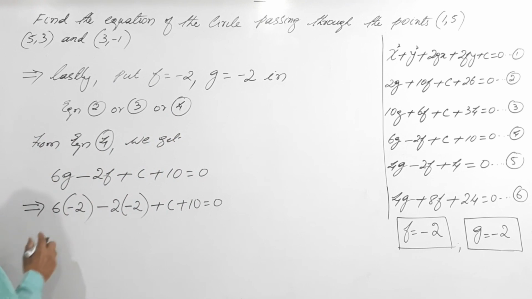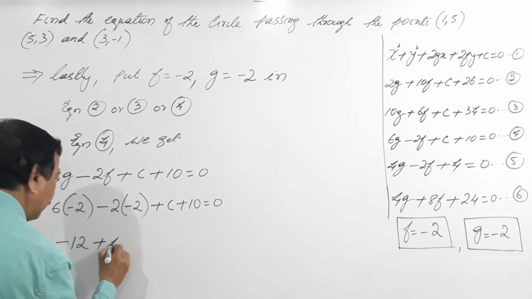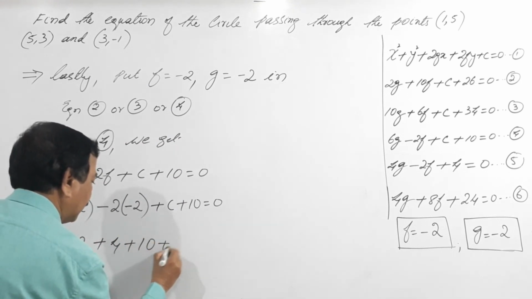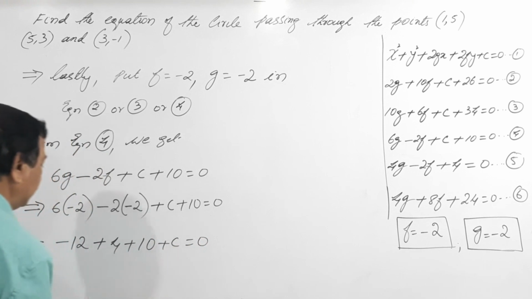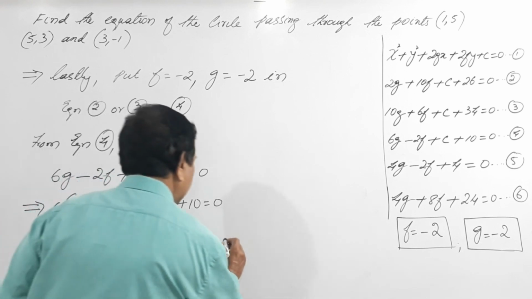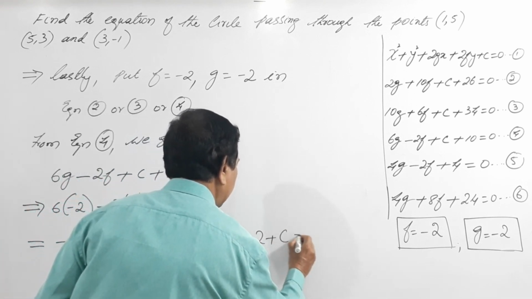So if you multiply this, minus 2 into 6 is minus 12, minus into minus plus, 4 plus 10 plus c equals 0. If you sum up all this, what happens? 14 minus 12 is 2, that is plus 2 plus c equals 0.